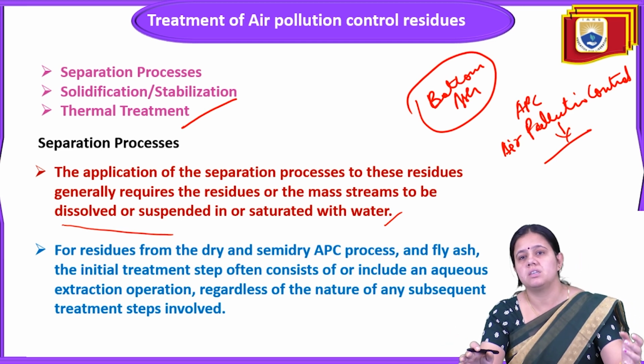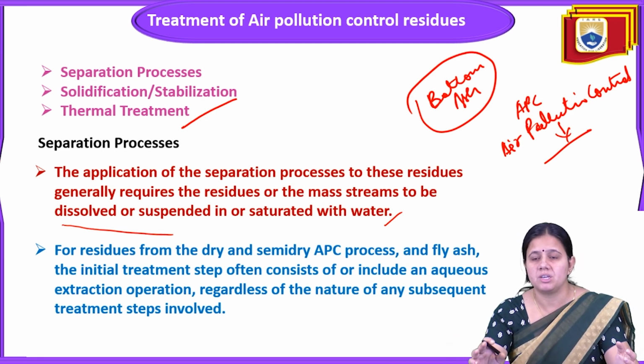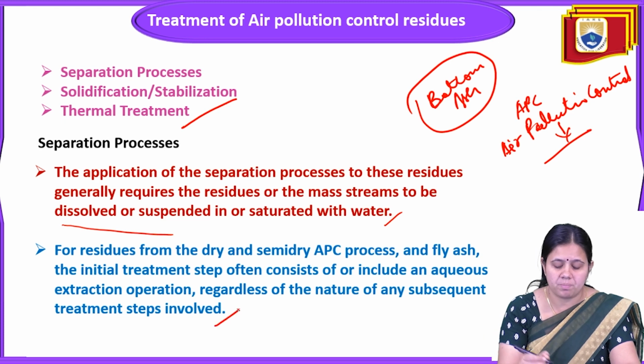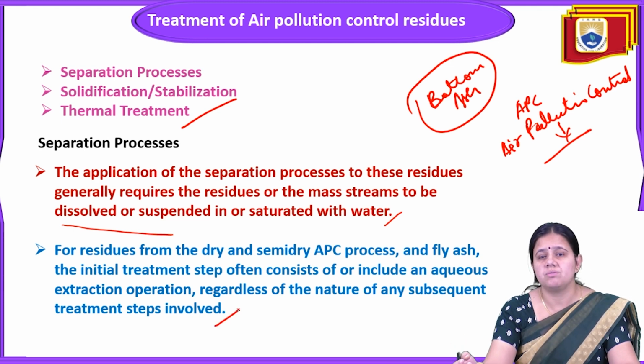So for the residue from the dry and semi-dry air pollution control devices, like fly ash, the initial treatment step often consists of or includes an aqueous extraction operation, regardless of the nature of any subsequent treatment steps involved.